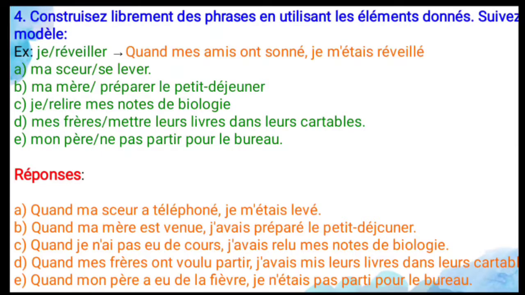And C1, je relis mes notes de biologie. Relire means what? To reread. So, quand je n'ai pas eu de cours. So when I didn't have a class, j'avais relu. So for the verb relire, the past participle is relu, because it's an irregular one.